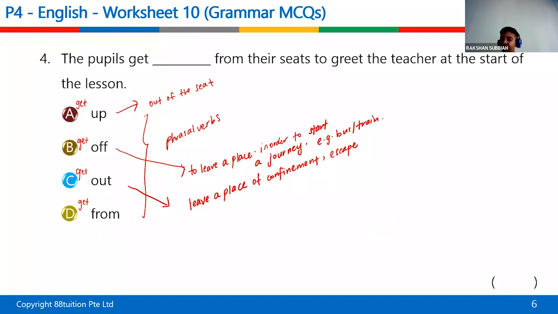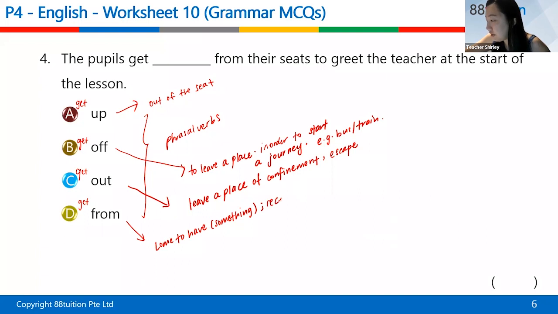To get something from someone, right? It's to come to have, or to receive something from someone.